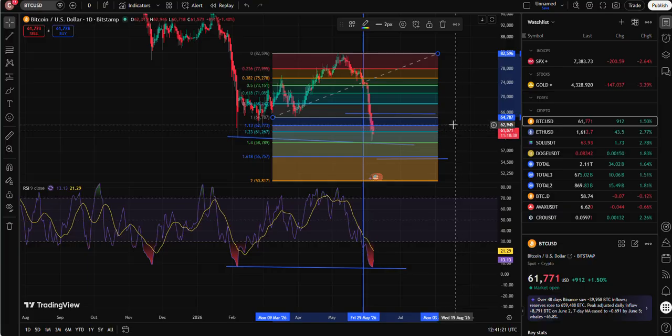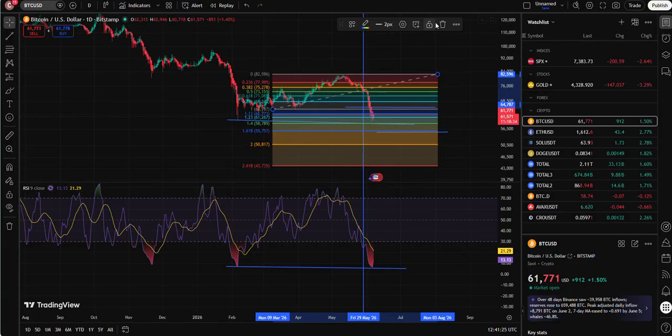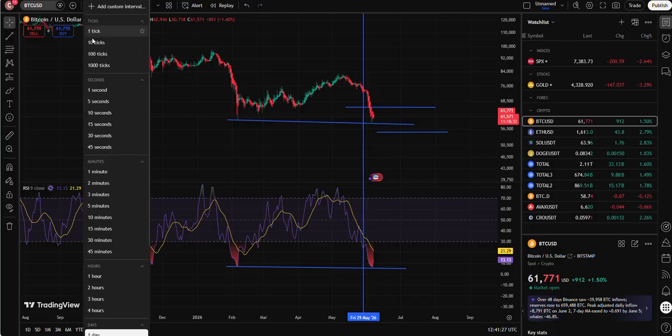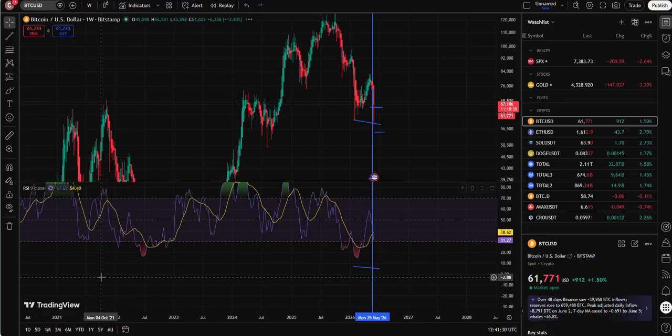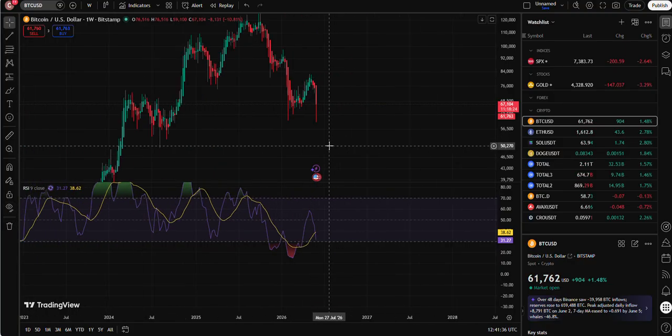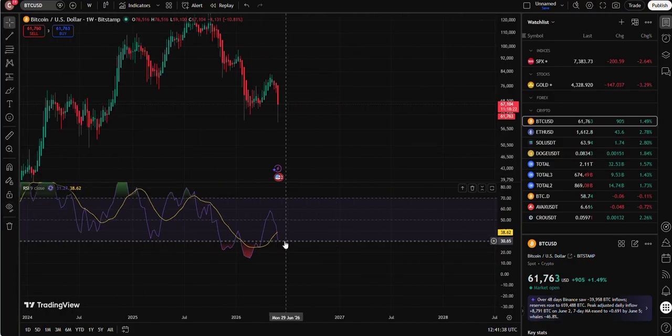This is the Bitcoin. Let's see on the weekly basis. If we see on the weekly, let's delete this, it is not important anymore. On the weekly, at this intersection the price is still falling.